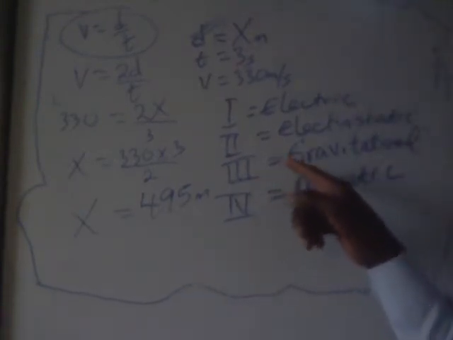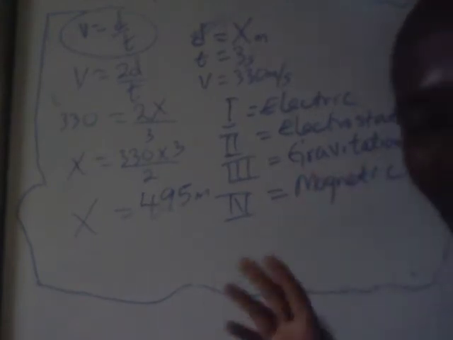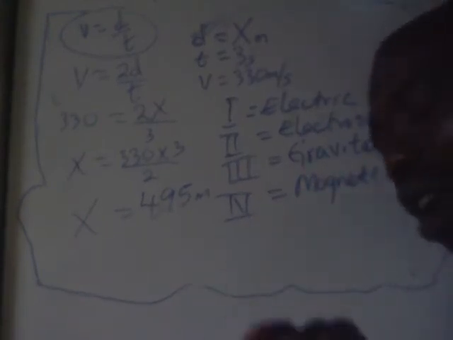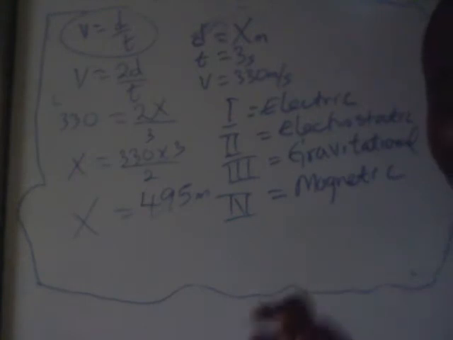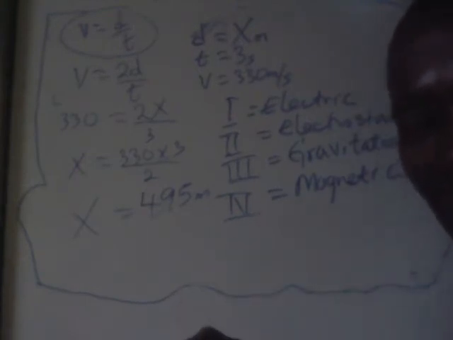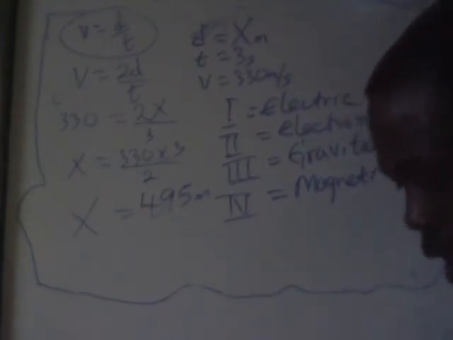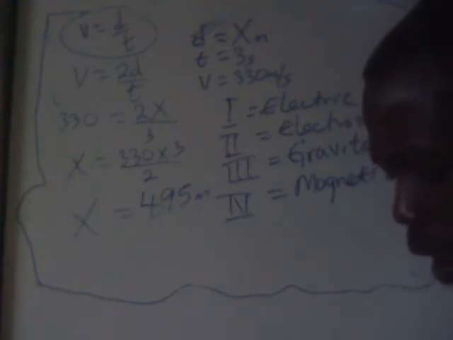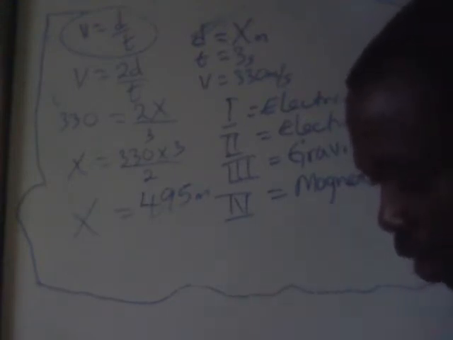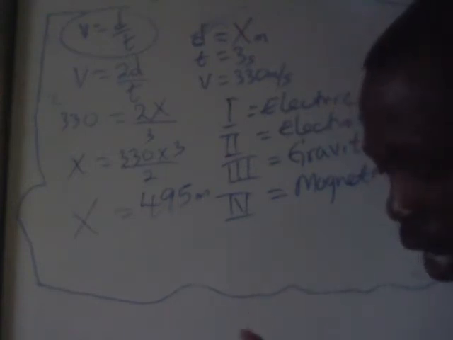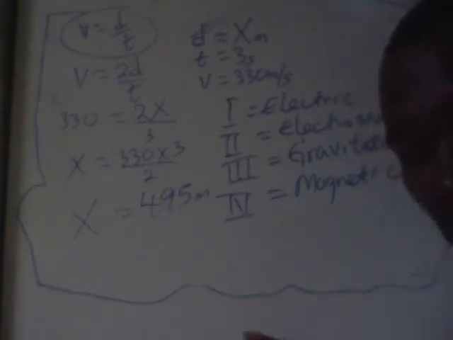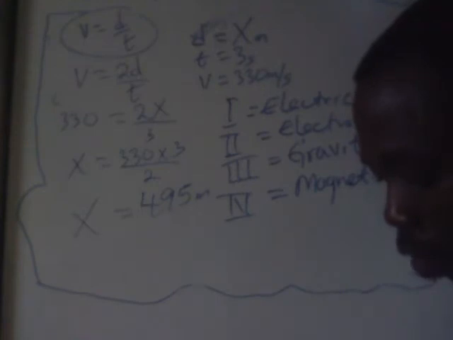So it's only gravitational field that has nothing to do with repulsion or attraction, because it has to do with the mass of a body, not the charge of a body. They said, in which of the fields is repulsion not experienced? Option A, 1 only. Option B, 2 only.